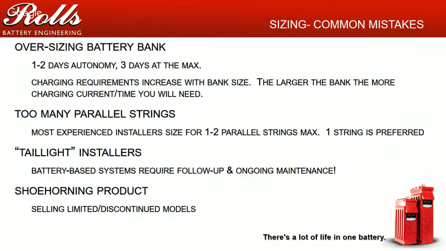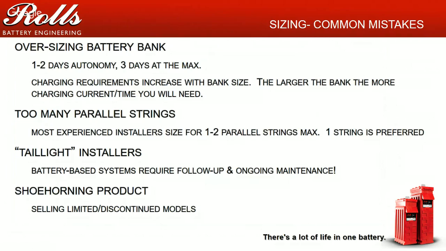the charging requirements, the current requirements, the more charging time. If you put in a 1,000 amp battery bank with a 60 amp charger, that battery bank is going to struggle to see a full charge within a reasonable amount of time. In the off-grid business, most customers do not want to see their generators run for more than 3 or 4 hours.